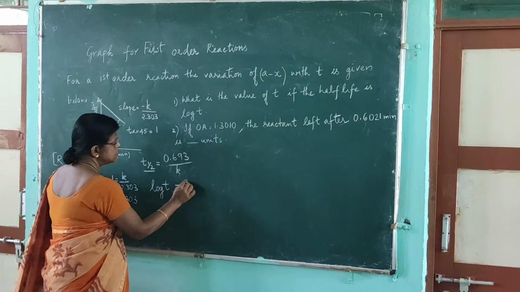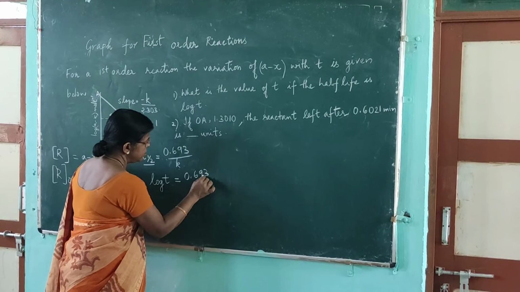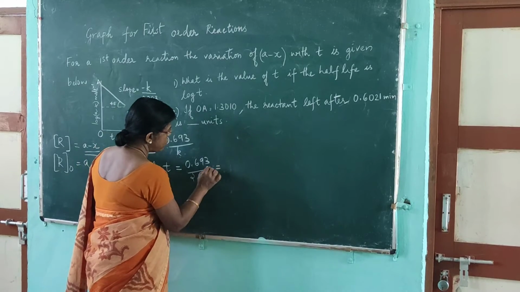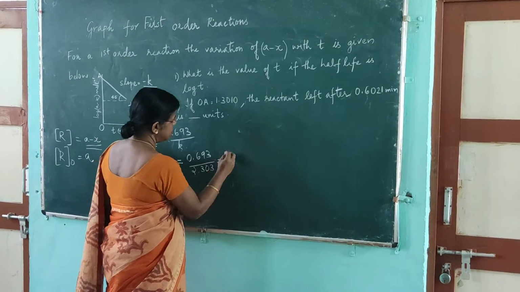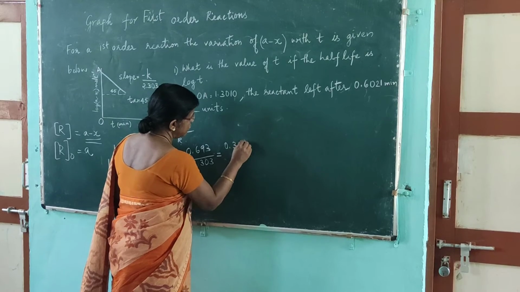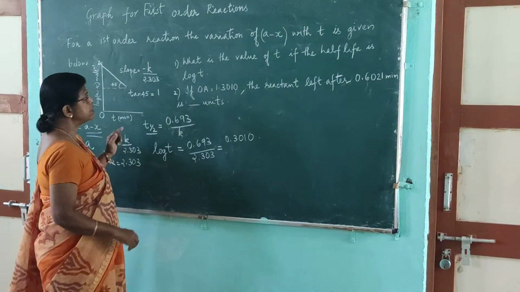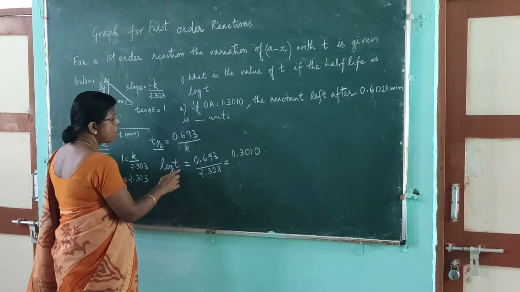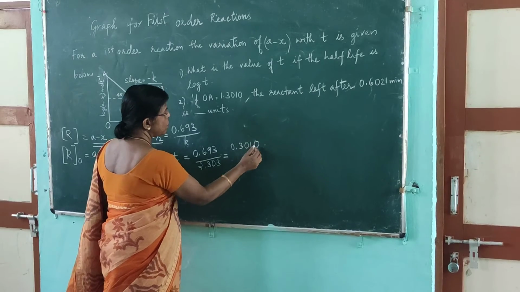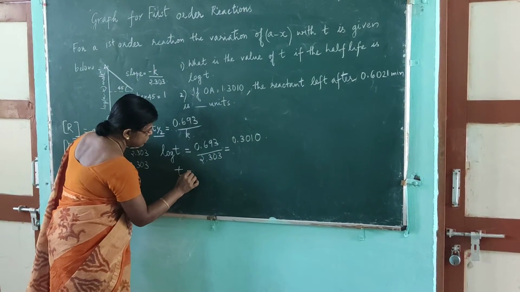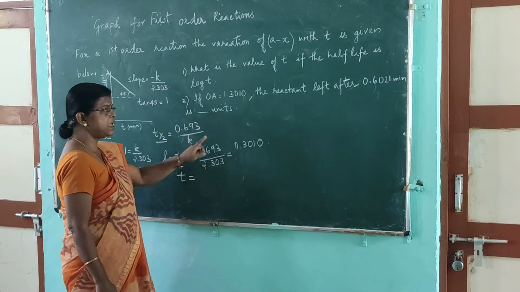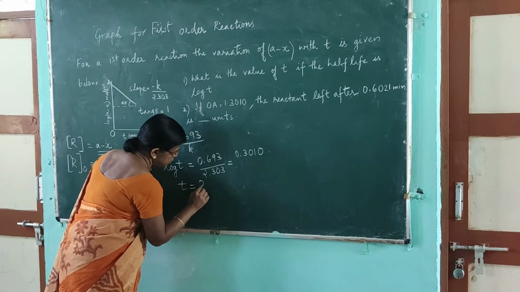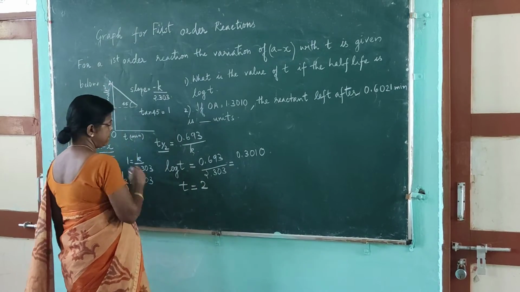Log T is 0.693 divided by 2.303, and that is 0.3010. Since log T is 0.3010, T is equal to 2. And what is the unit? Minutes.